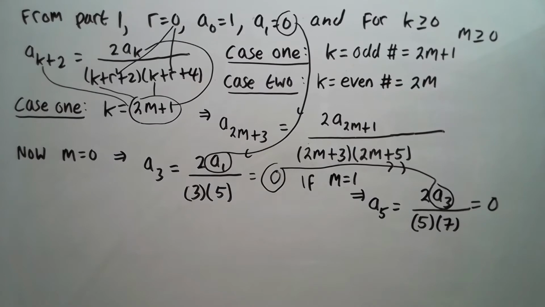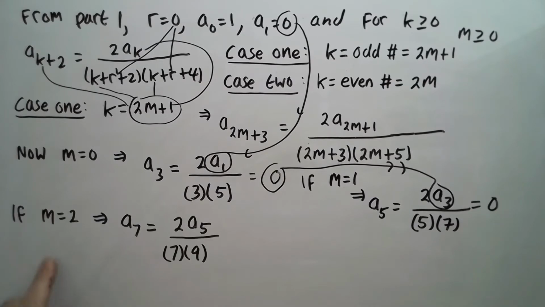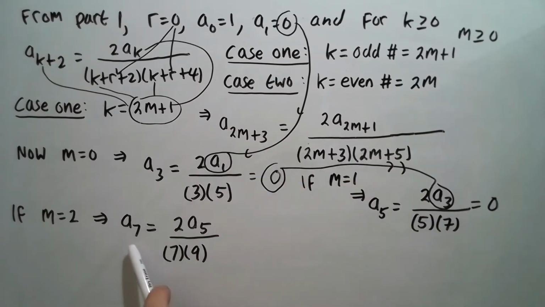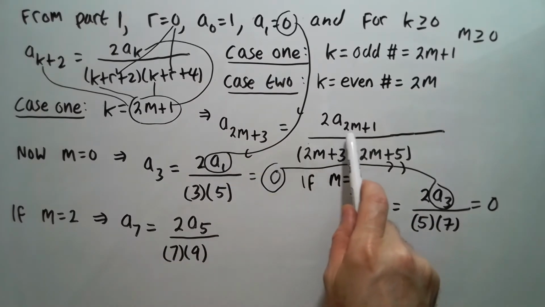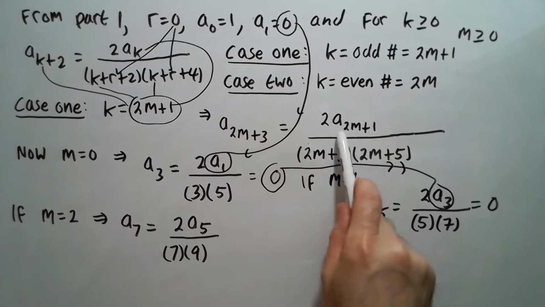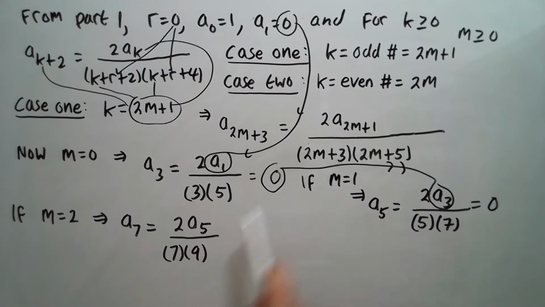Let's do, say, m equals 2 next. If m is 2, putting 2 up here, it'll be 2 times 2 plus 3, so it'll be a7 on this side. Putting 2 here, it'll be 3, 4, or 5. So it'll be 2a5. Putting 2 here, it'll be 7. Putting 2 here, it'll be 9. But now a5 is 0. So therefore, it's going to make a7 0.